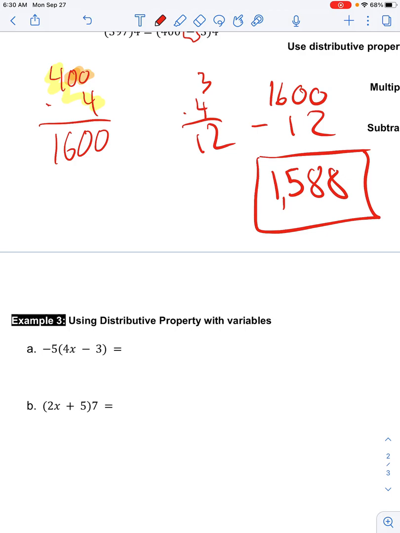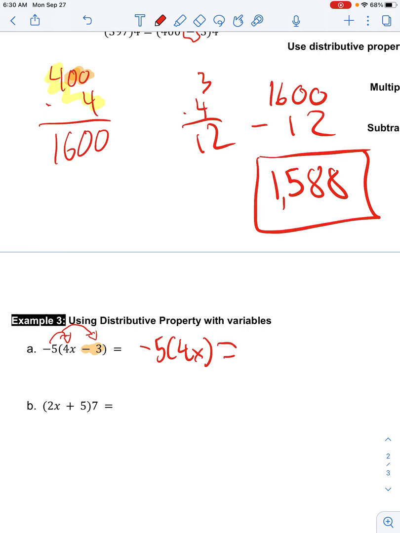We've also got variables. So again, we have to make sure that we are using our like terms. If they're not like terms, you cannot combine them. So -5 times 4x, -5 times -3. Okay, remember that subtraction sign goes with that number. So that 3 is a -3.